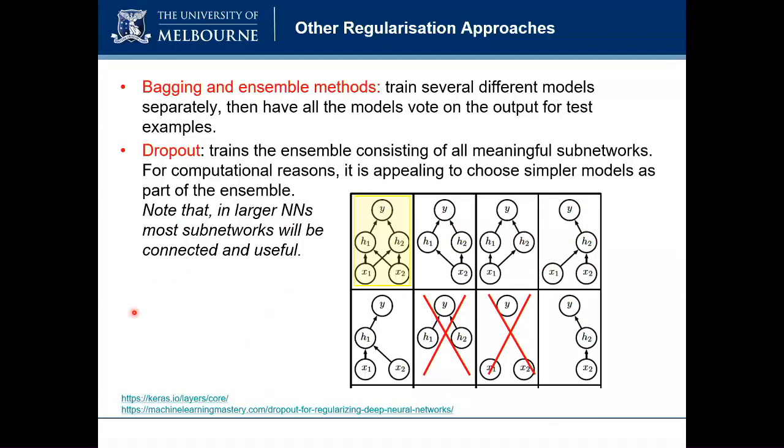That reduces the number of parameters. So as I was saying, in larger neural networks, most subnetworks will be connected and useful, whereas most of these here are either nonsensical or not terribly useful because you ignore some inputs. That's also not very useful.